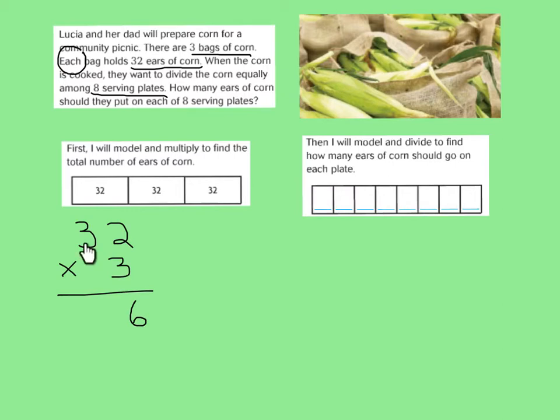And 3 times 3 is 9. So I have 96 ears of corn altogether that I need to divide among 8 serving plates. So I'm going to divide 96 by 8.